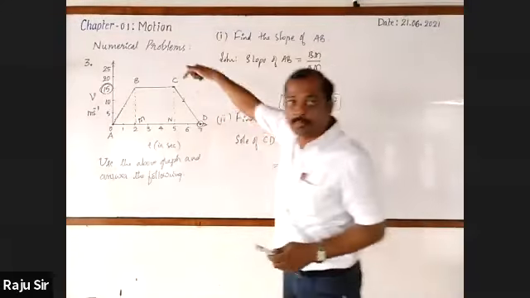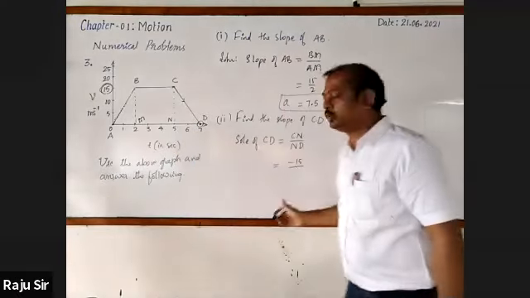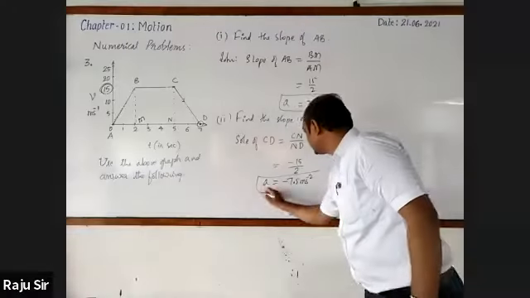I write minus 15 because the body is decelerating. Minus 15 by N to D, it is 2. It will be minus 7.5 meter per second square. It is deceleration.